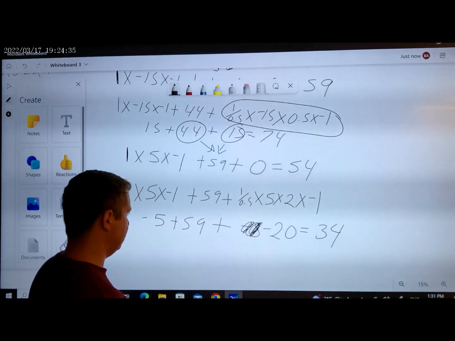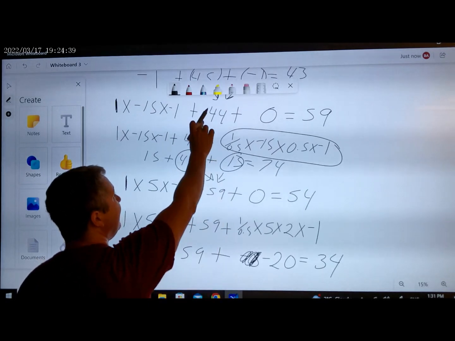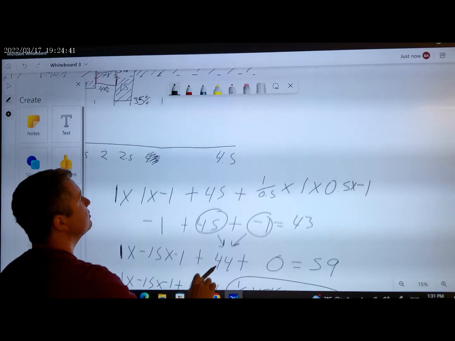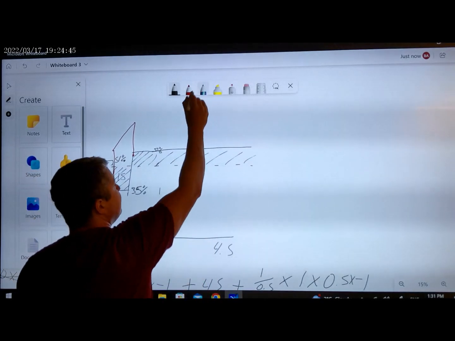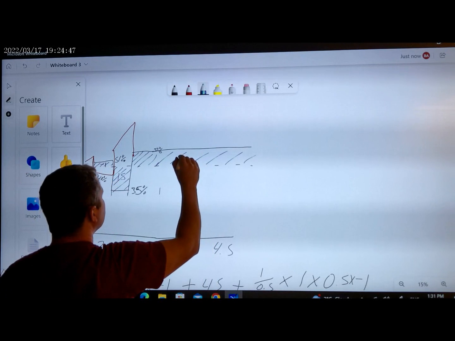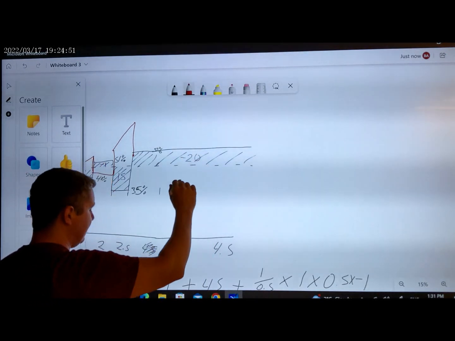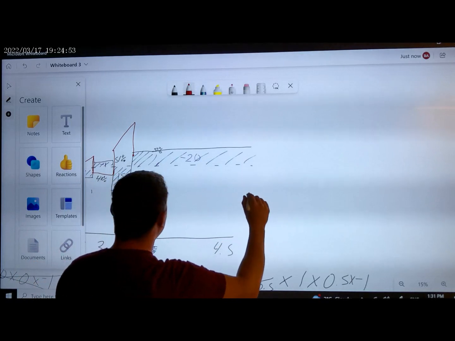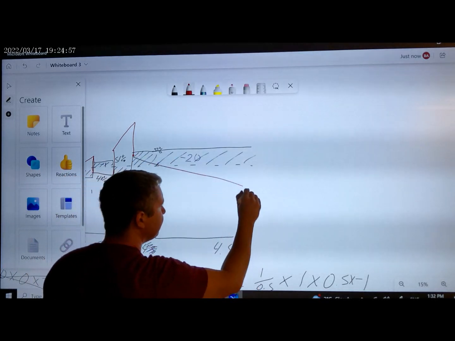Right? Yes, it does. Okay, that is correct. So we have an output. So this integral equals minus 20, and that takes us down to 34% output.